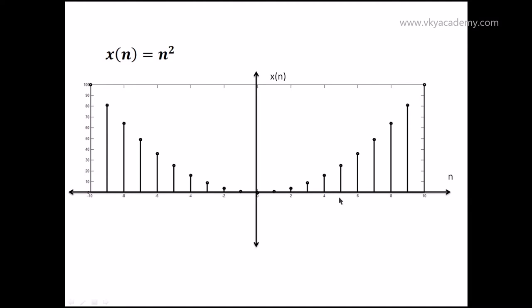So for positive values of time, I get positive amplitude. For negative values of time, such as minus 2 to the power 2, it is plus 4. So for negative values of time also I get positive amplitude. So this particular signal is an even signal. If you put a mirror on the y-axis, the exact replica of the positive x-axis samples can be seen on the negative x-axis.